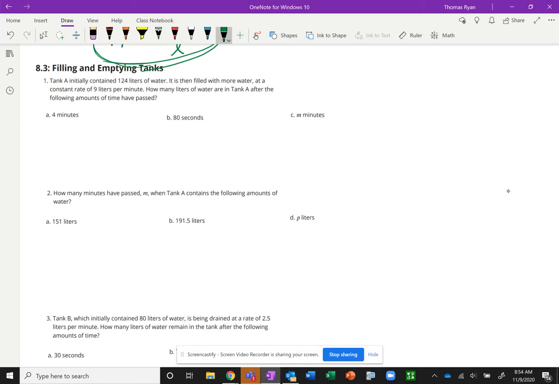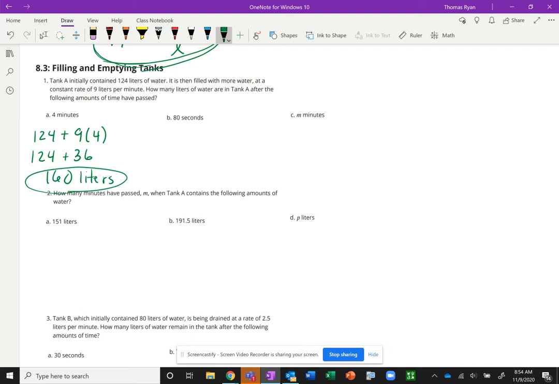Well, we know that we start with 124 and we are filling, so we are adding the rate of 9 liters every minute, repeated. So 9 the first minute, the second minute, the third minute, the fourth minute. So there's going to be 9 repeated 4 times, which gives us 36. And we add it up. So in total, there was 160 liters, which would make sense because we were adding the water over time.